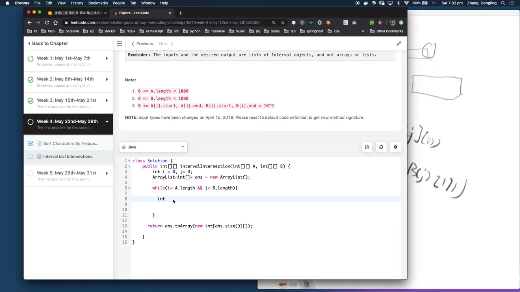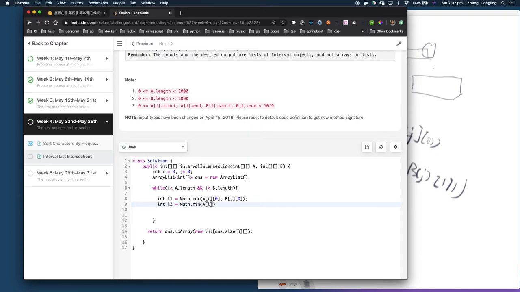There are two pairs of integers, so L1 equal to max. How do we determine whether they have an intersection?